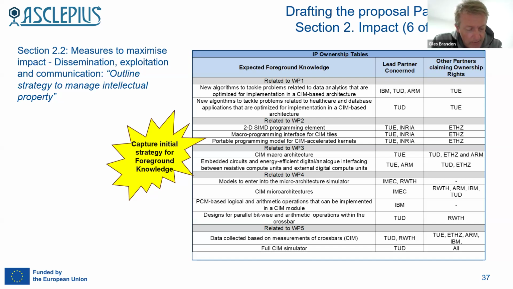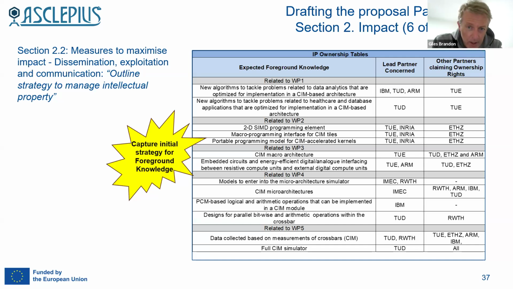Background knowledge is specific, say, scientific knowledge and expertise that partners have prior to your project. Foreground knowledge, on the other hand, is new knowledge that will be generated during the course of the project, knowledge which is potentially intellectual property. So what I do when I'm writing the proposal, I create a simple table like this. Initially, the table, besides the titles and the columns, is empty.